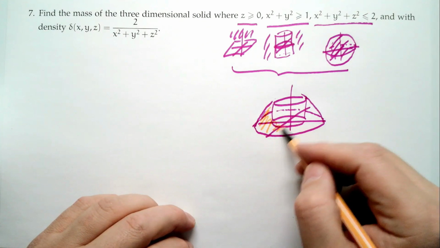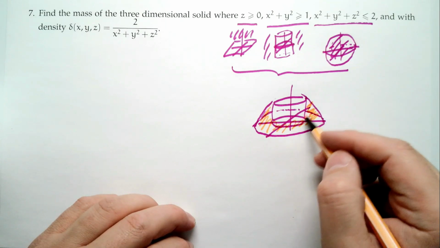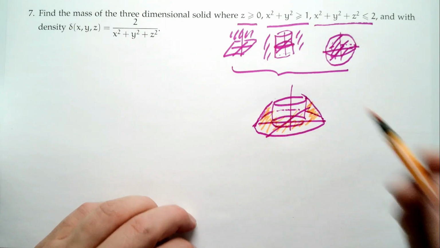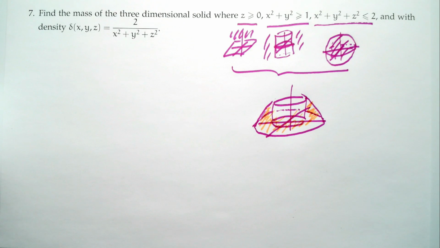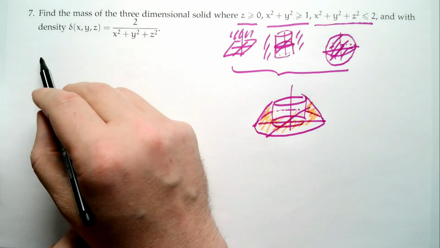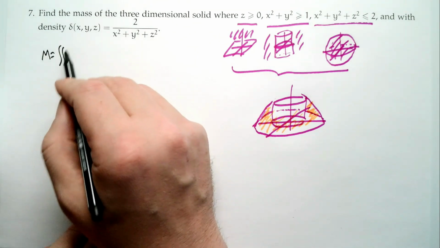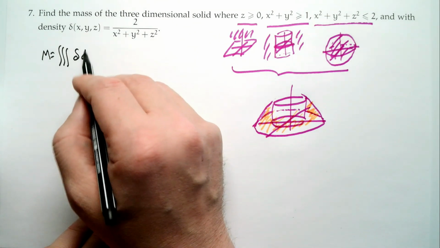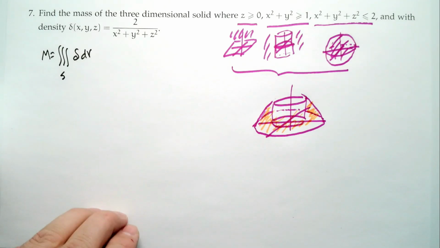Now, say, okay, we have our shape, sure, but how do we actually go about doing this problem, integrating it? So we have to think about our method. Now, we know the way to find mass. It's a basic formula. We've already talked about it. So to find mass, what we would do is we would integrate our density over our solid. So what's missing here is we've got to figure out the right setting to do it in.